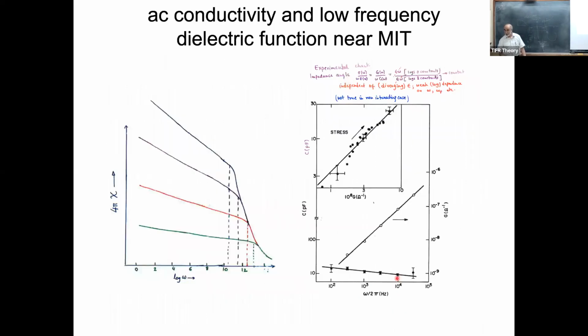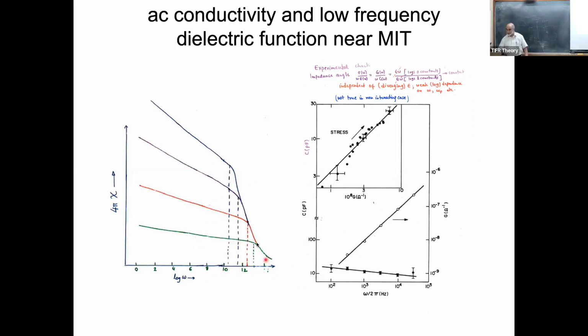And I'm going to end with two things. This is the picture of the dielectric function on the left that you get out of this kind of thing. The dielectric function I said was diverging as you went towards the metal. But in my previous picture, it sort of saturated at a constant. Here I'm saying it's not saturating at a constant, it's logarithmically increasing.